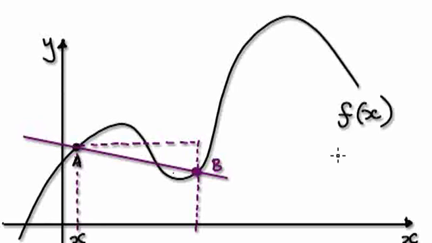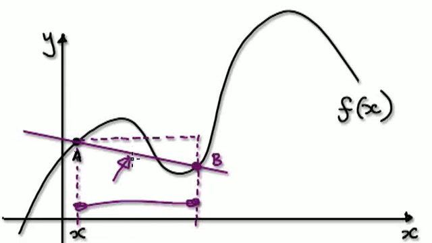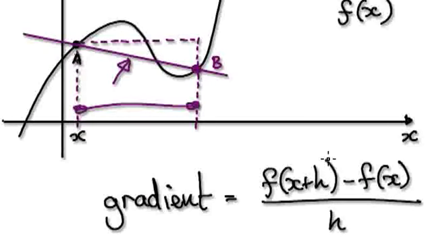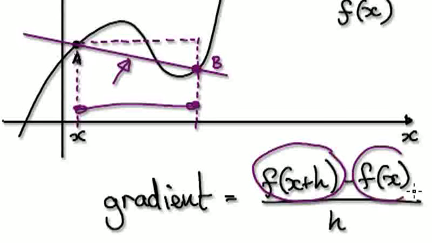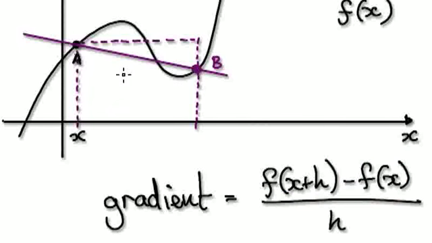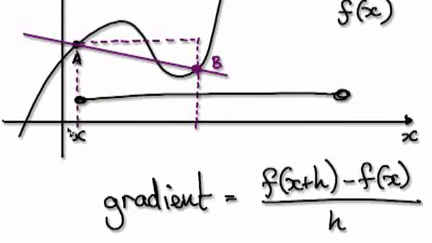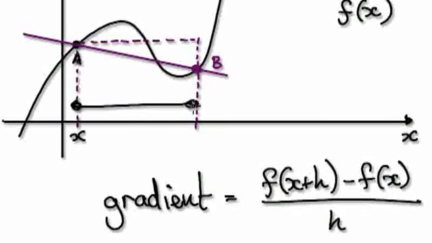Even though we made h slightly shorter, the gradient of this line will still be the same. Remember, our h was somewhere over here, but now we've decreased h to here.